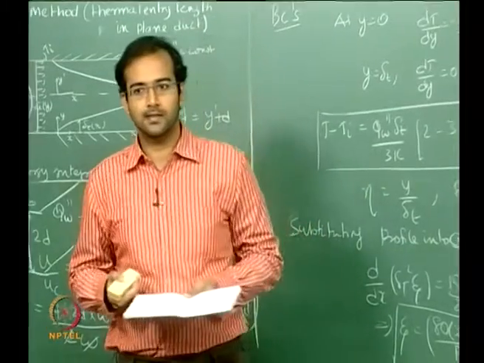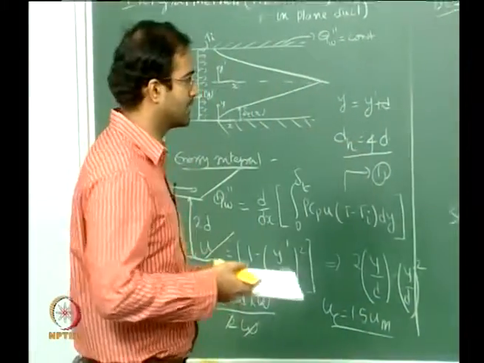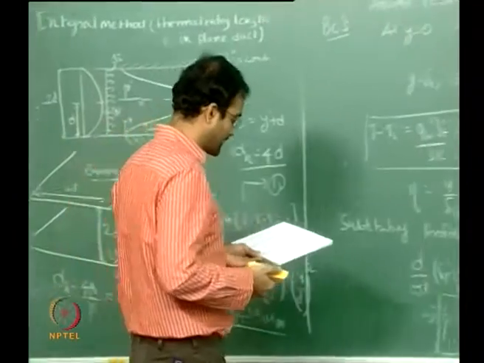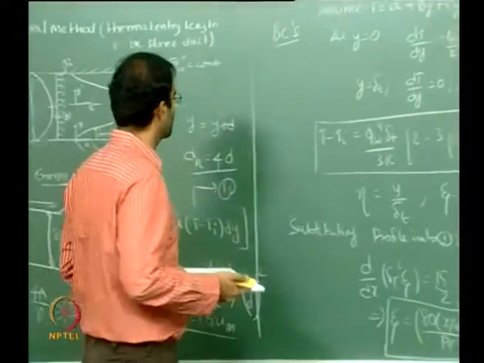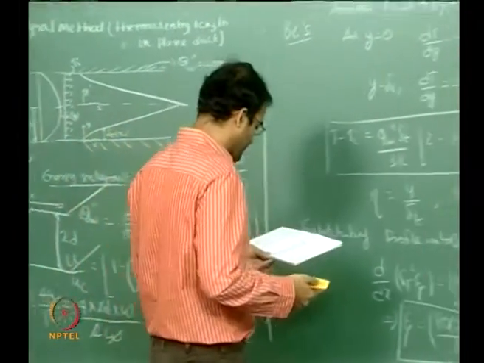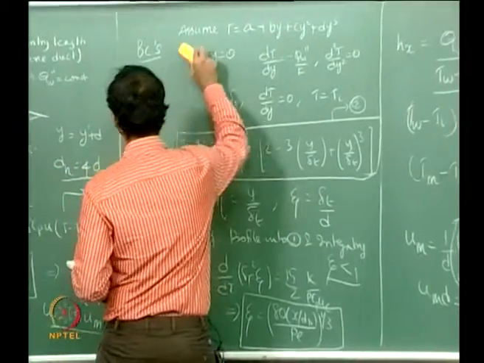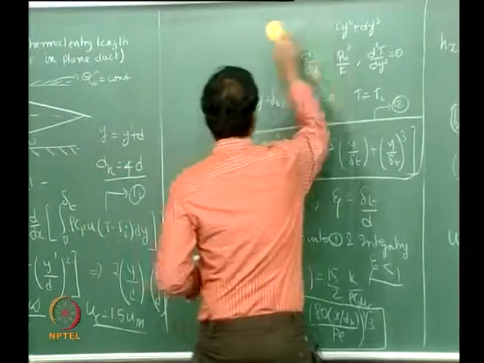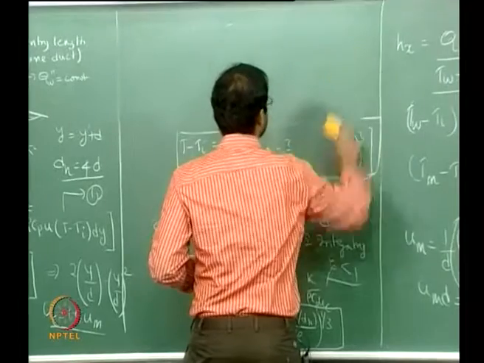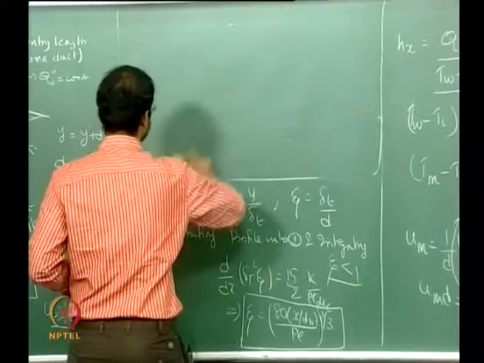A very similar exercise, very straightforward, similar to the exercise which you did for the external flows. Okay, so I'll just give you the final solution for that before we stop the discussion on laminar internal flows.